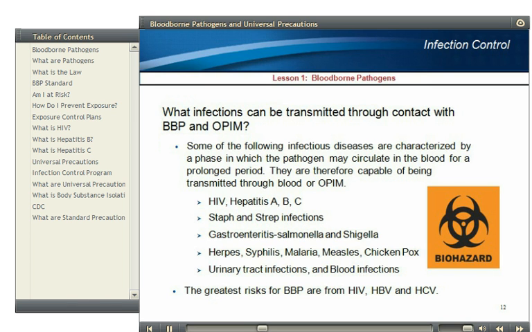Gastroenteritis, salmonella, and shigella. Herpes, syphilis, malaria, measles, chickenpox. Urinary tract infections, and blood infections. The greatest risks for BBP are from HIV, HBV, and HCV.